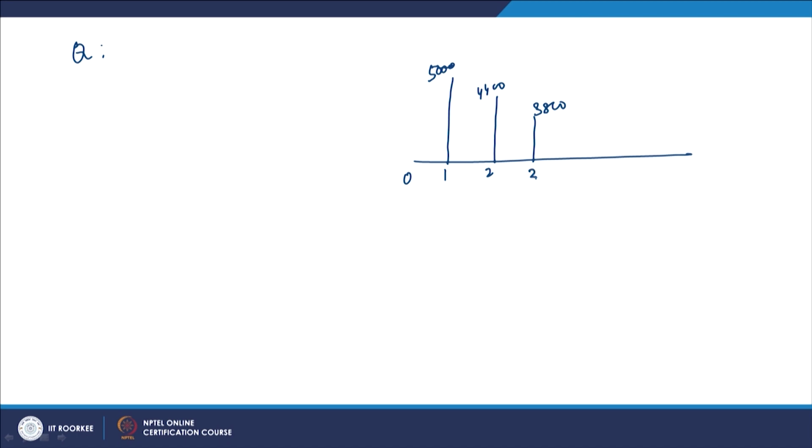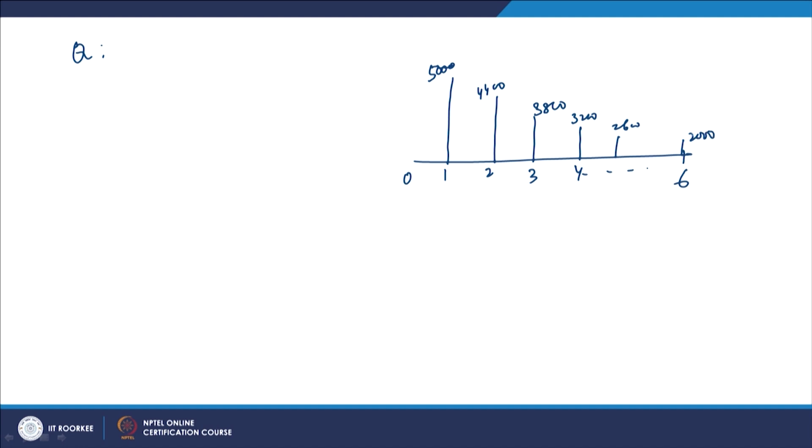It is going up to 6 years. The 4th is 3,200, then you have 2,600 and then 2,000.